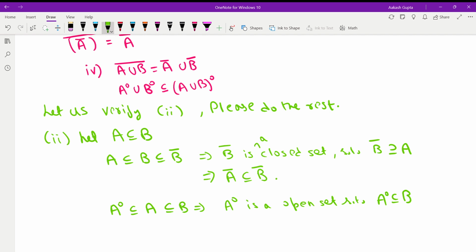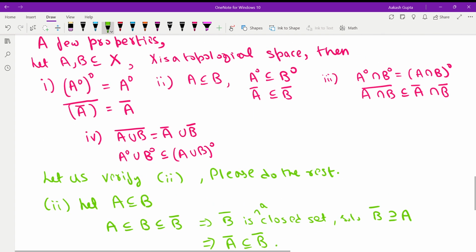It is the largest open set sitting inside B. So this implies A interior is inside B interior. These are somewhat simple, so you can try all the others. Those will follow immediately, so don't worry much about it.